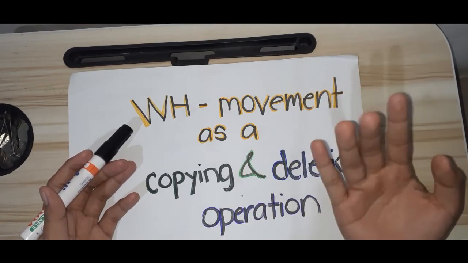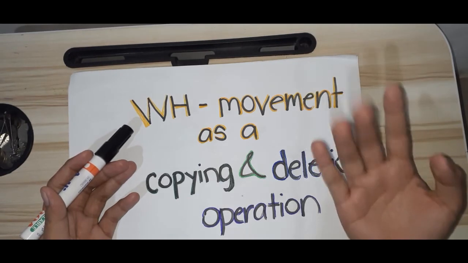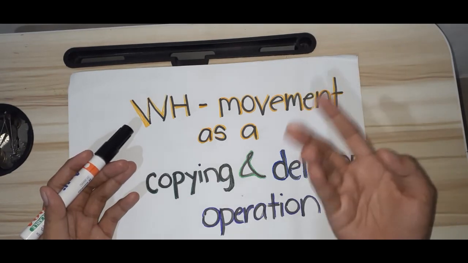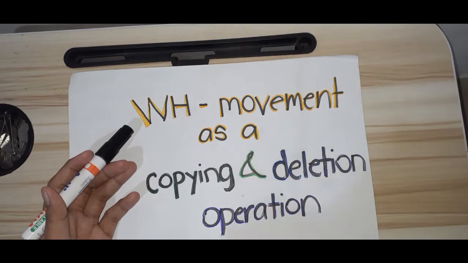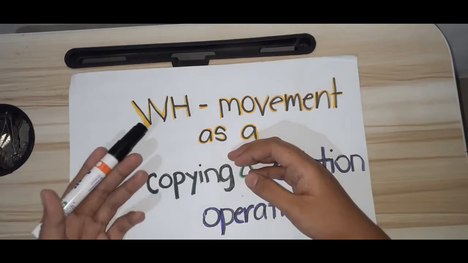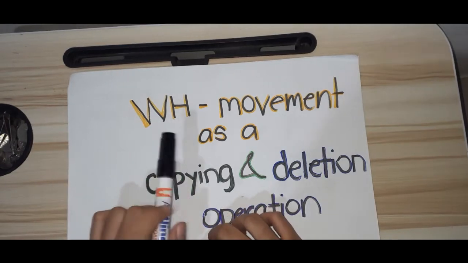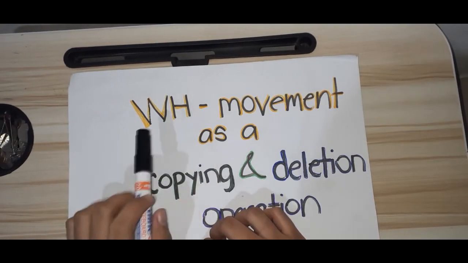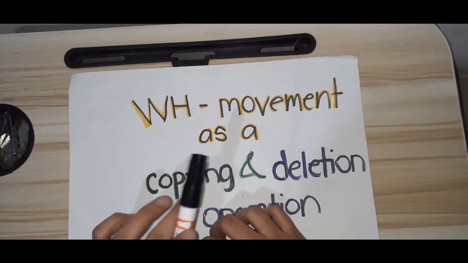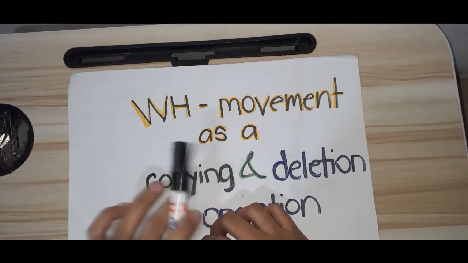So, in line with linguistics, let me introduce to you WH movement, which is concerned with rules of syntax involving the placement of interrogative words starting with WH, for example, who, whose, what, which, why, and many more.